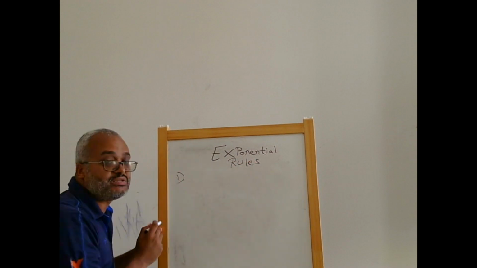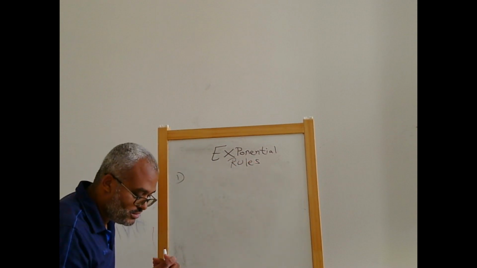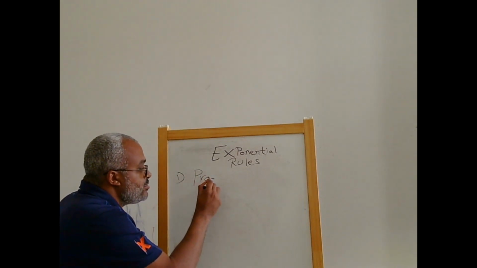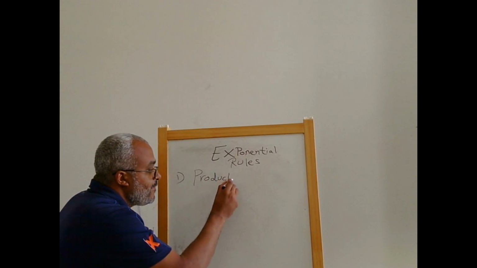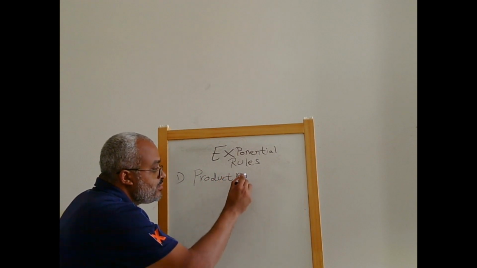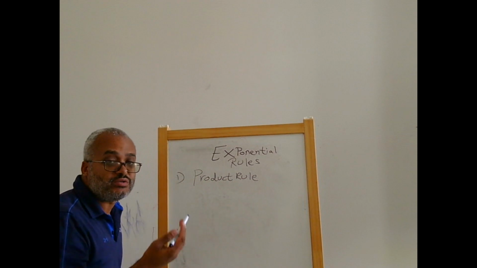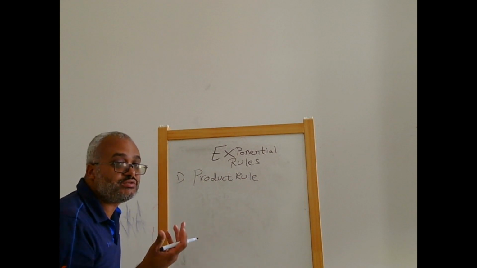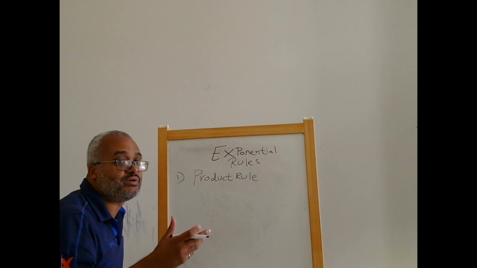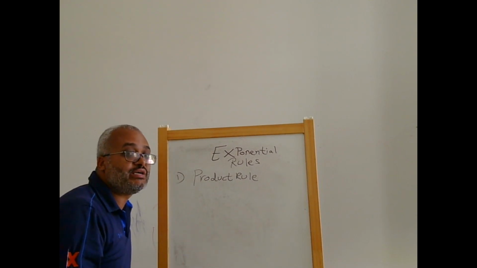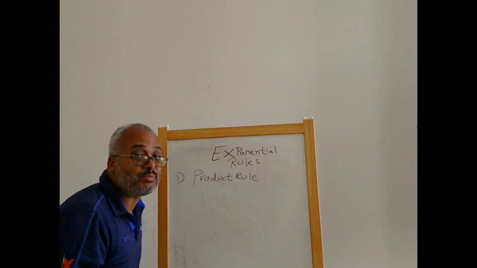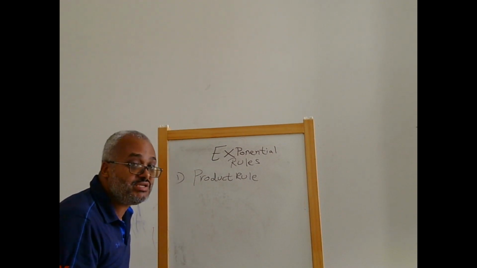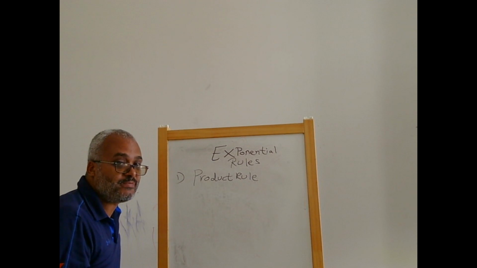So the first rule is called the product rule. What is product? Product is the multiplication of something with something. So you can say 2 times 2, for example. This is a product. 4 times 4, A times B is multiplication.